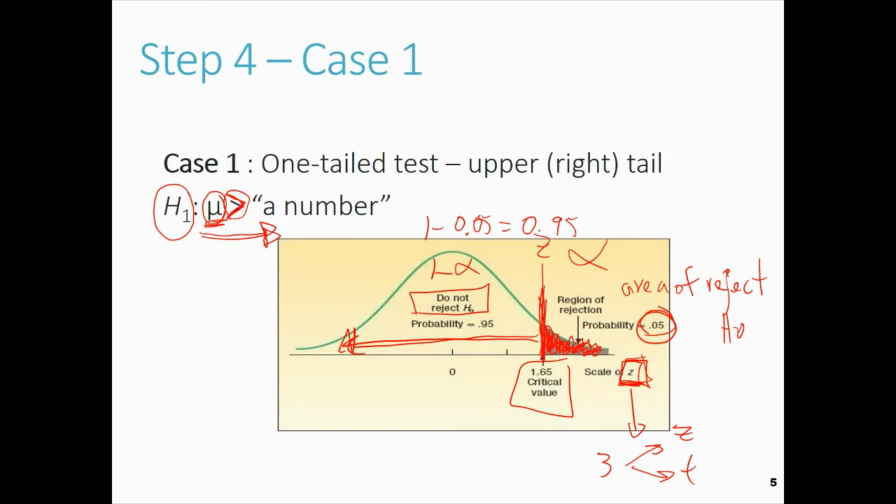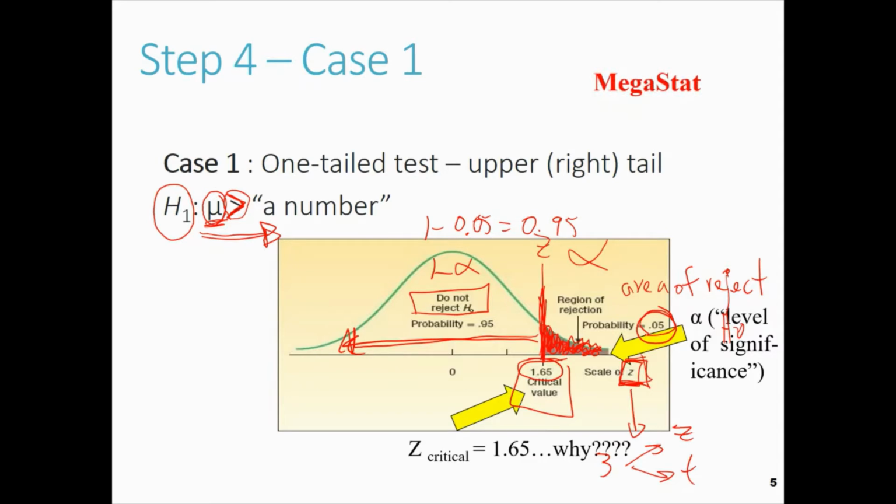Now, if you're using MegaStat, then MegaStat tells you the Z value that separates these two regions. For this particular diagram here, we get to see that the critical value is 1.65. Let's go and figure it out in MegaStat. Where is that 1.65 coming from?